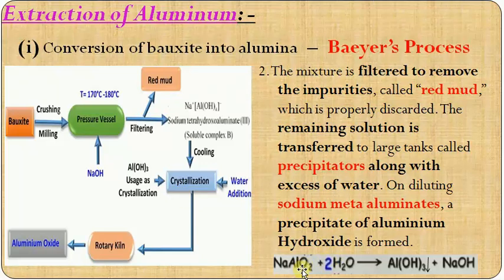So the equation, if you see, the sodium metaaluminate combines with water to form aluminium hydroxide along with sodium hydroxide. So we want only aluminium hydroxide, so we need to remove this sodium hydroxide.